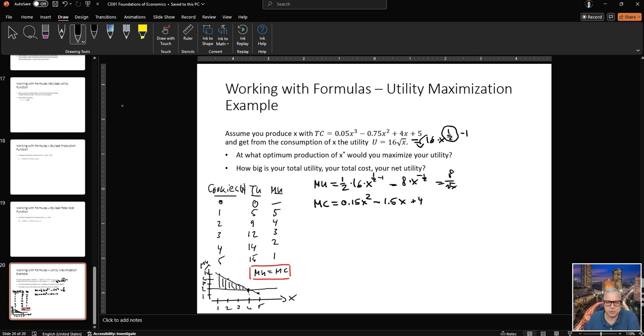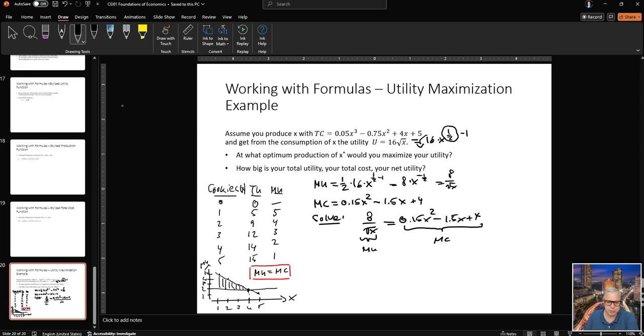So now I would have to solve an equation where 8 over the square root of x equals 0.15 x squared minus 1.5x plus 4. So that's supposed to be a 4 here. And so here, this is the marginal utility, and this is the marginal cost.